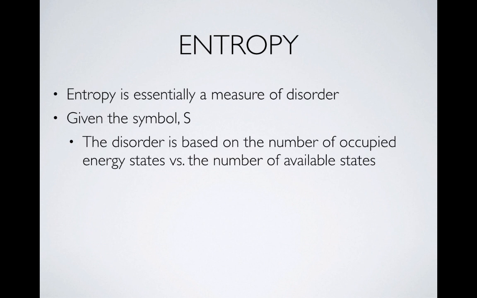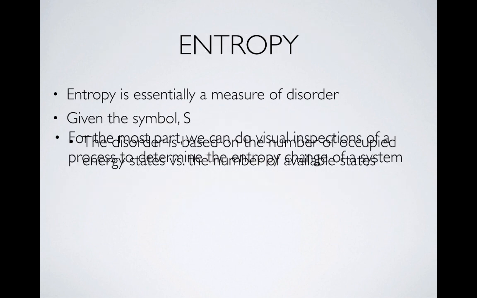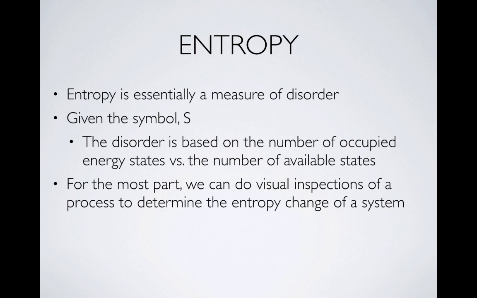So the more spread out something can be, the more spread out the energy can be, the higher the entropy for that system is going to be. Now, for the most part, we can do some visual inspections of a chemical process in order to determine the entropy change of a system. But we don't just need to look at the system.